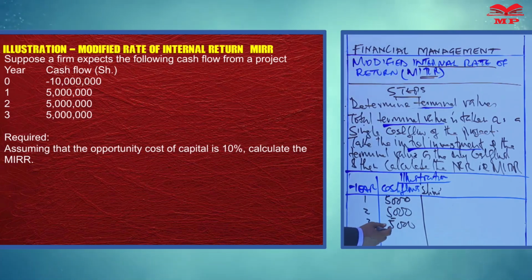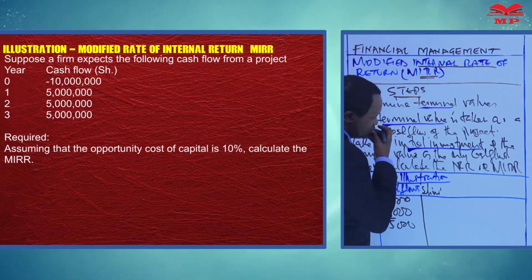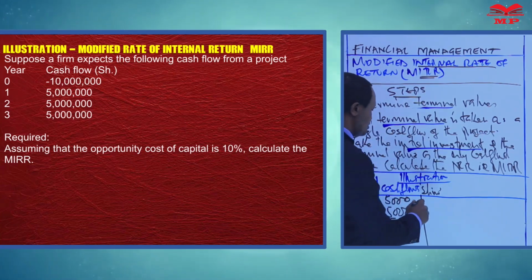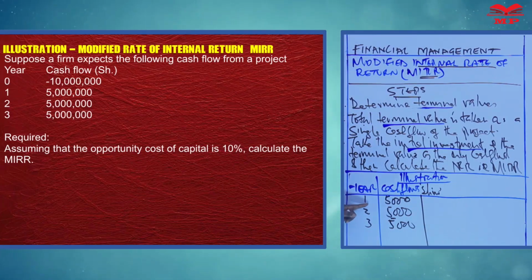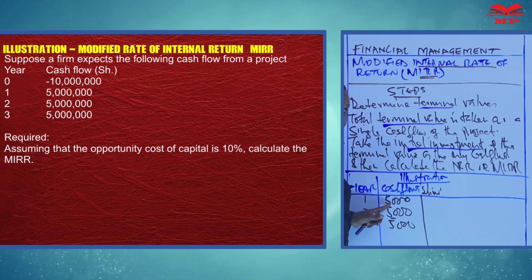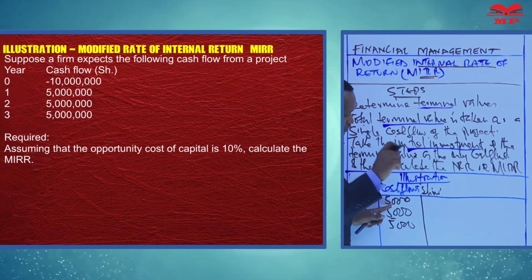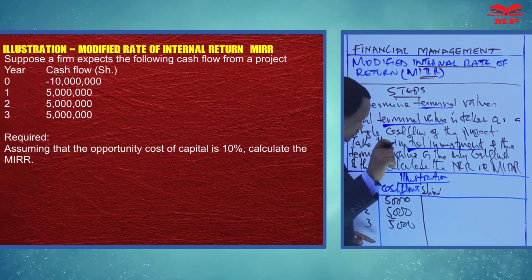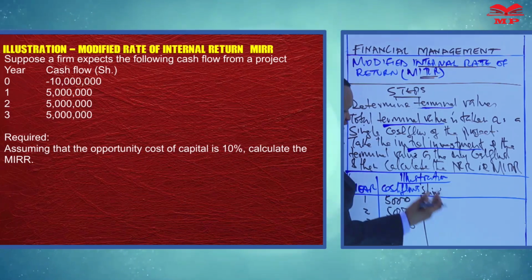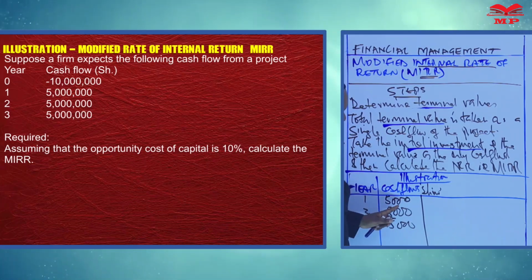So candidates, the terminal cash flows: the 5 million will be received at the end of year 1. So what is the future value of this money?